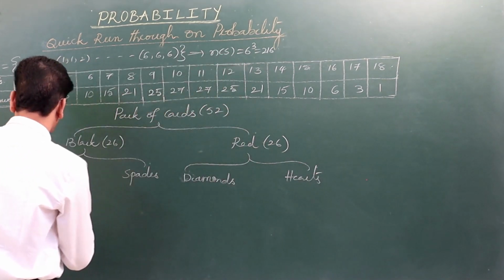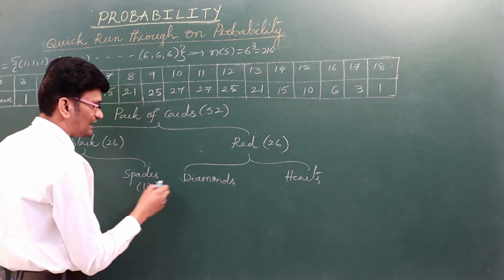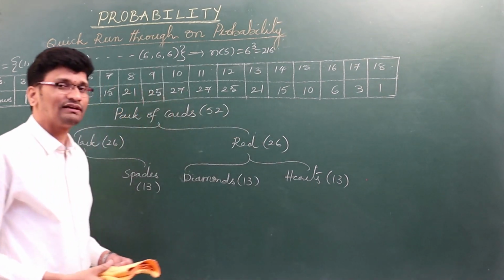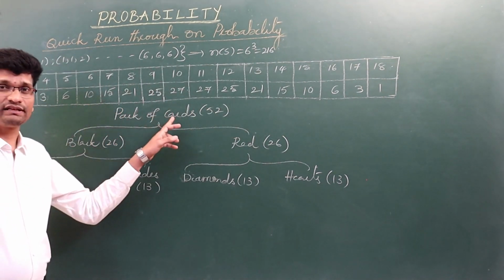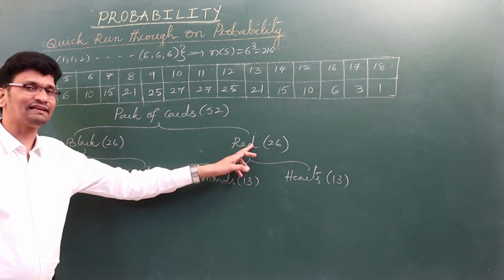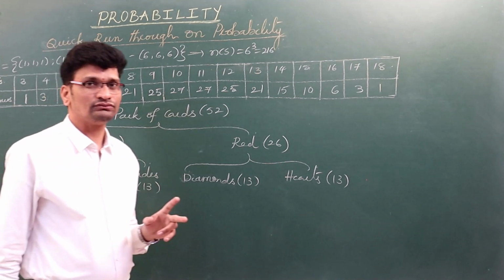Each contains 13 cards. Okay? Once again here. Pack of cards contains 52, in which black 26 and red also 26. Black again divided into 2.